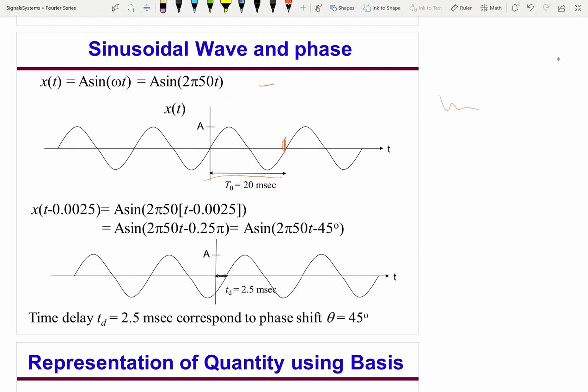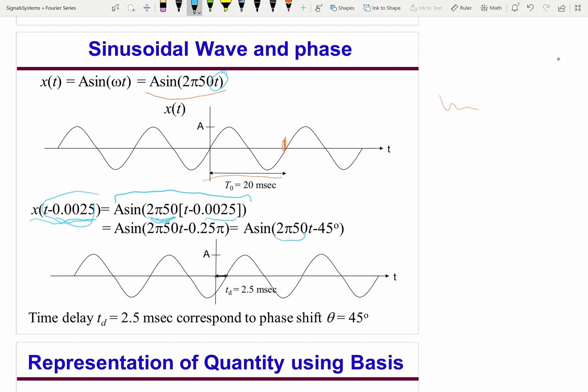Now, if I take this signal and delay it by 2.5 milliseconds, what will this signal equal? Well, I replace t by this quantity here. So I will get this signal. If I multiply the frequency omega, 2 pi 50 Hertz, times t, I get this.